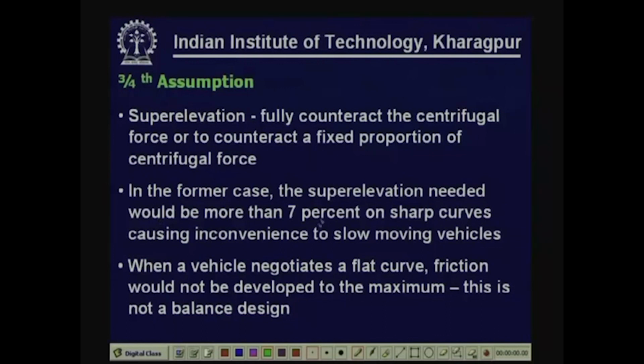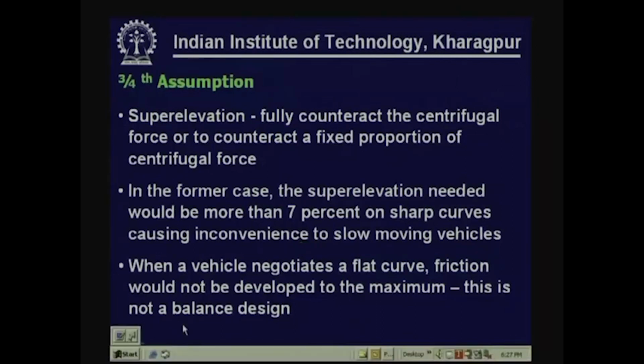Now, in the former case, the super elevation needed may be substantial and it may not be very convenient for the slow moving vehicles, that is what is indicated. Even when a vehicle negotiates a flat curve, friction would not be developed to the maximum. So, this is again not a balanced design.